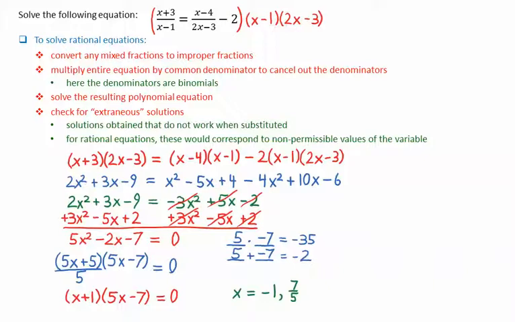Note that these do not correspond to non-permissible values for x. Therefore, these are good solutions. The non-permissible values for x are simply x equals 1, corresponding to x minus 1 equals 0, and x equals 3 over 2, corresponding to 2x minus 3 equal to 0.